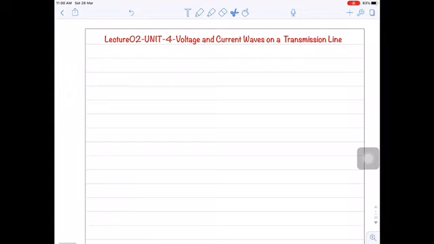Hello everyone. During the process of calculation of impedance on a transmission line, we tried to find out the voltage and current waveforms on the transmission line, where the voltage on a transmission line, which is at a distance of L from the load, is derived as V0+ e^(γL) (1 + Γ_L e^(-2γL)).